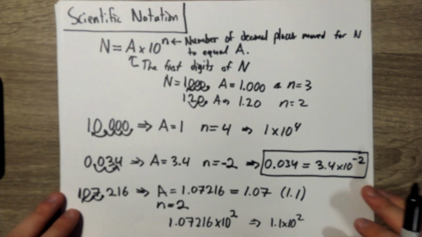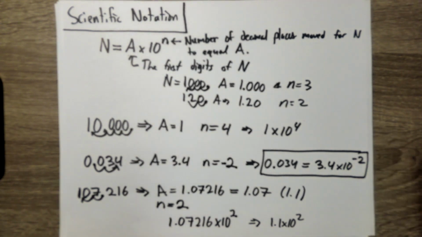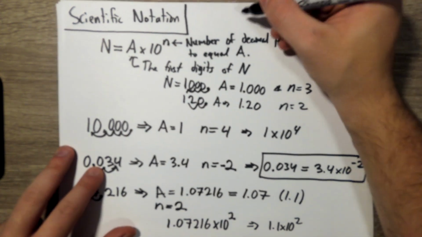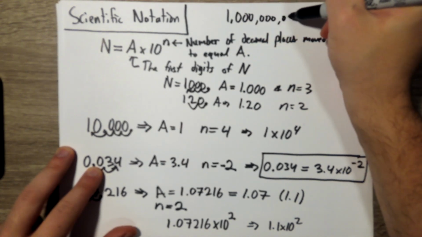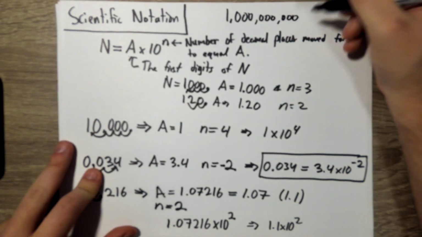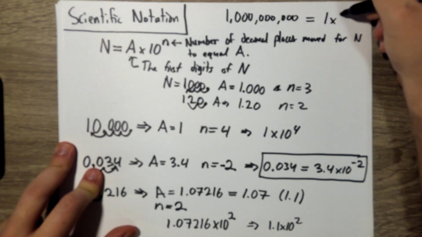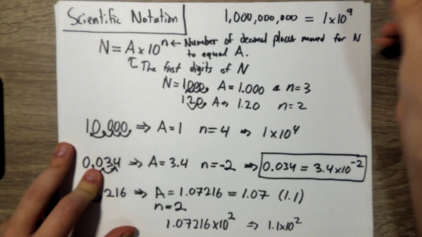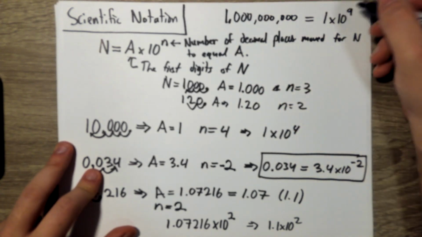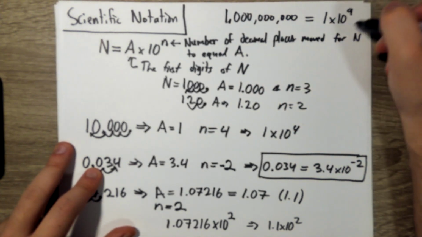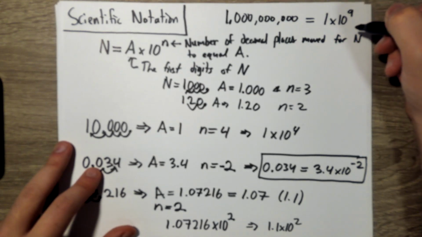And as you can see, it is very useful to write. I mean, if I write up here 1 billion, you don't want to write that out every time, so you can just say 1 times 10 to the power of 9, because you've got a 1, you're moving over 9 decimal places, so you have a 9, and it's just so much nicer to write it in that form.